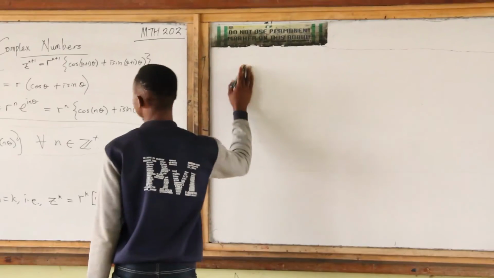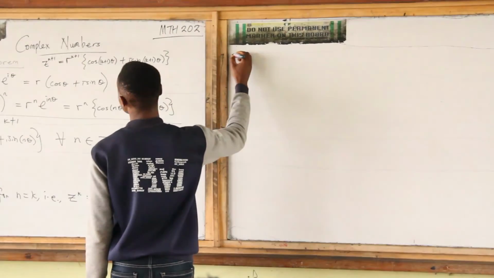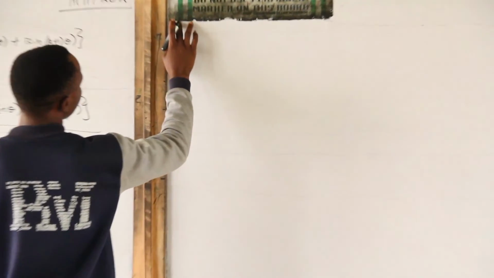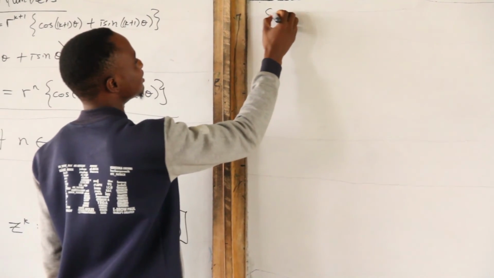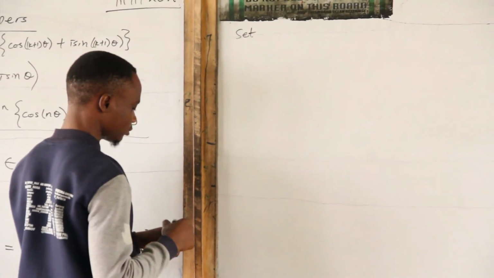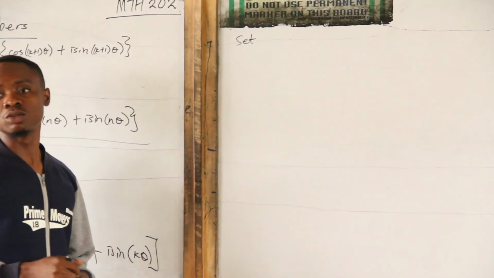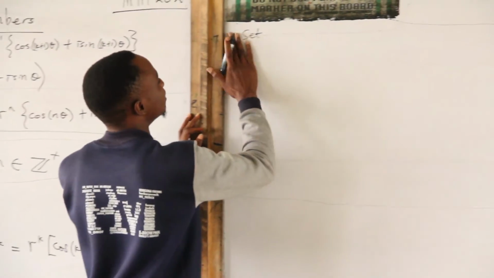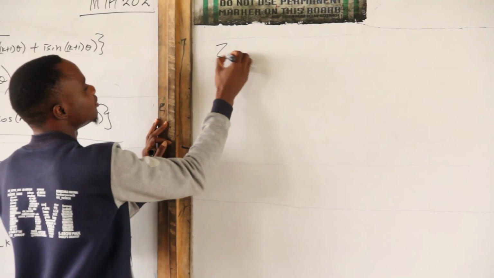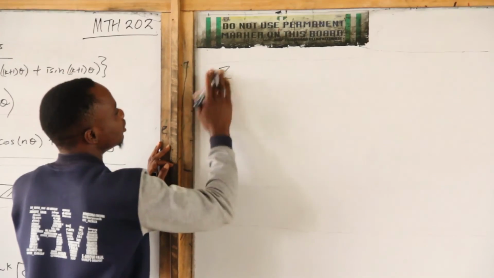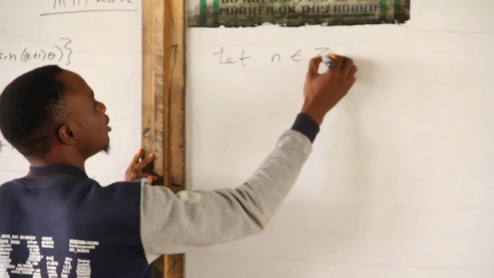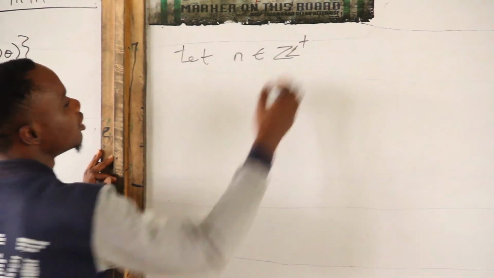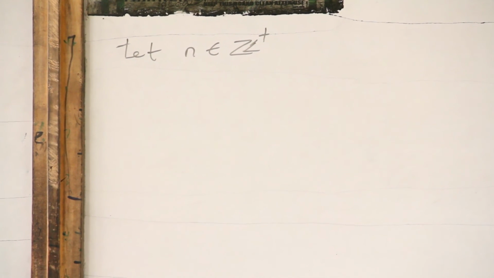Alright, so look at this. In this case, please pay attention. Solution. You can set the power equal to minus n. Let n be an element of the positive integers, that means n is a positive integer. So we want to show that it is true for minus n.